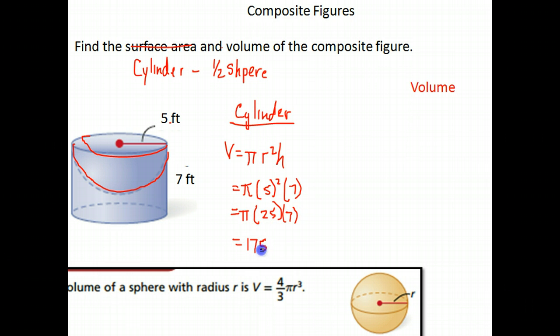I'm just going to leave the pi there. It's easier to work with if we don't multiply it out right now. So there's the volume of my cylinder, 175 pi, in feet cubed.